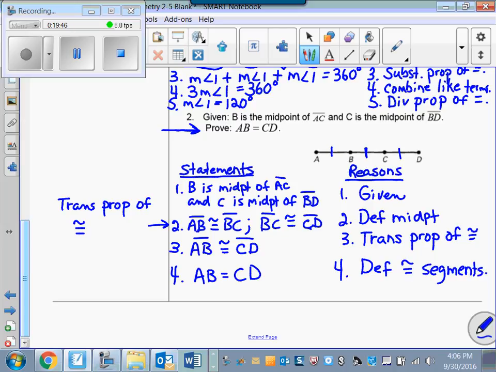So this proof right here is much more like the type of proof we will be doing for the rest of the year. We won't do many more algebraic types of proofs where we're proving that x equals a number, but we will be doing this type. So please, please read your book. Make note cards, flashcards for all these properties of equality and all the properties of congruence, because we will use all of them next time.